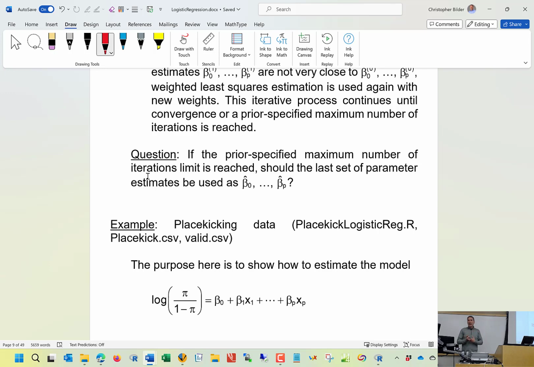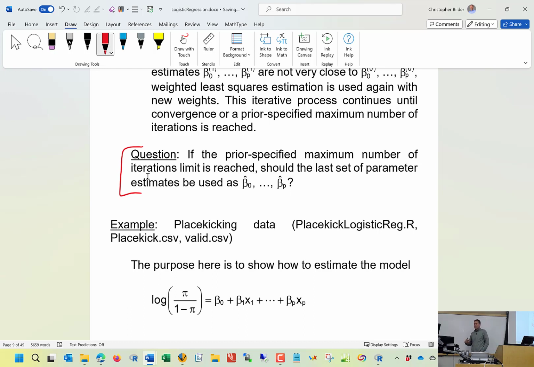In a course like Stat 821 or 822, you would actually be required to program this yourself in a statistical software package to show that you can do this yourself rather than rely on routines that have already been developed. Okay. So this process is going to continue.